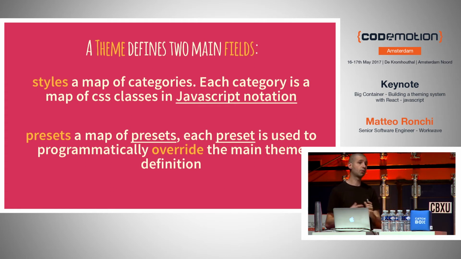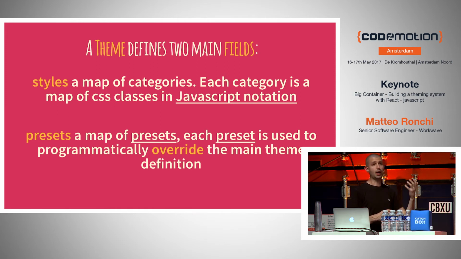Styles, that is the required part, and is the actual theme. We will see it better in a moment, but it's a plain object, a map of maps. So we divide our theme into categories. What you put inside a category is up to you.